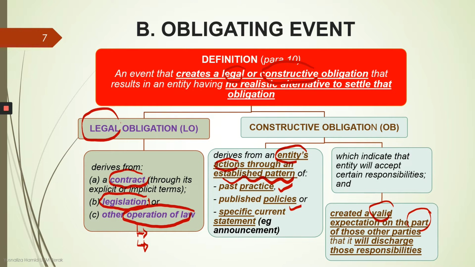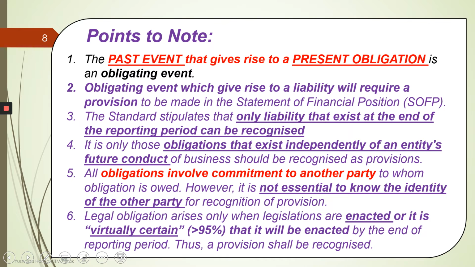We are going to discharge our responsibilities to whom? To the other parties, to the market at large, to the community at large, whoever the parties affected are. These are some points that you can note that are further explanation on what past events are.